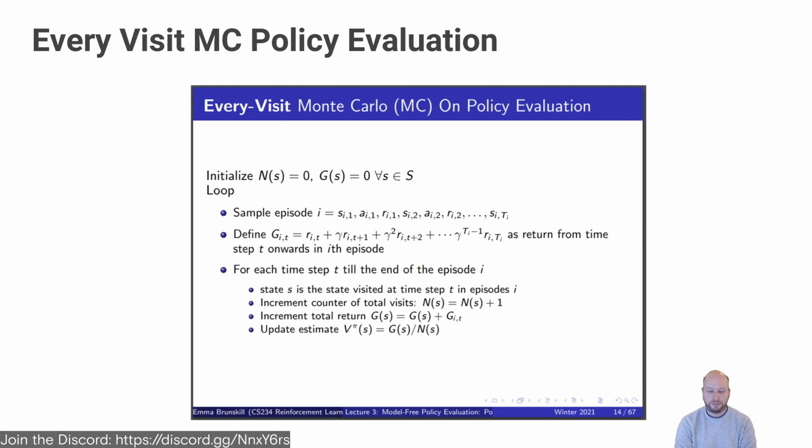But if your problem is one where being in the same state multiple times is not a good thing, then you actually want to use every visit versus first visit, right? Because in first visit, you're only going to say I go to a particular state the first time and I get a reward of 10, but the second time I get a reward of 0, and forevermore.